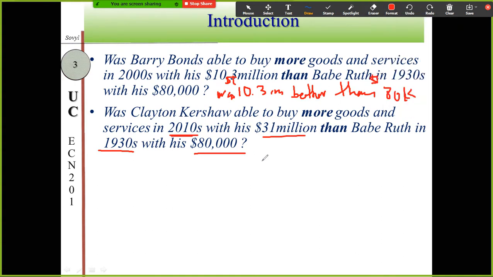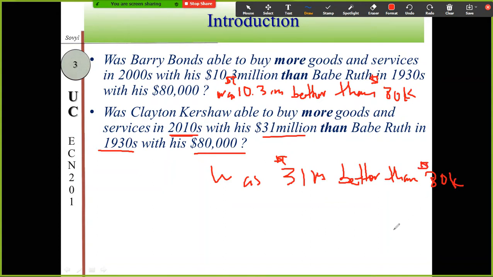And this question is: was $31 million better than $80,000?